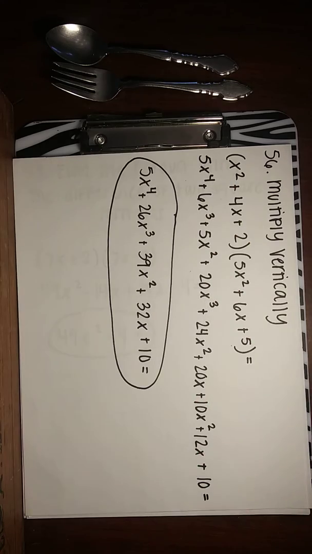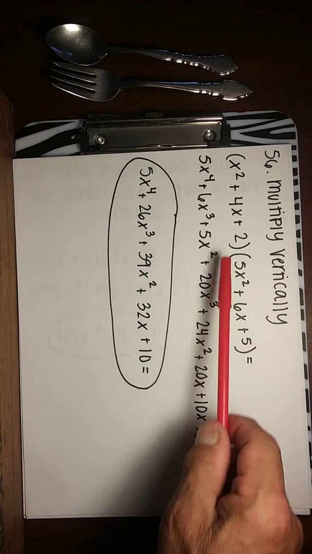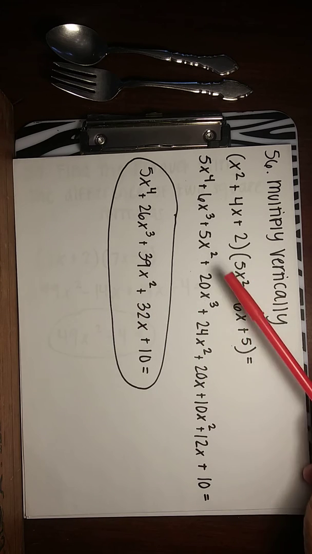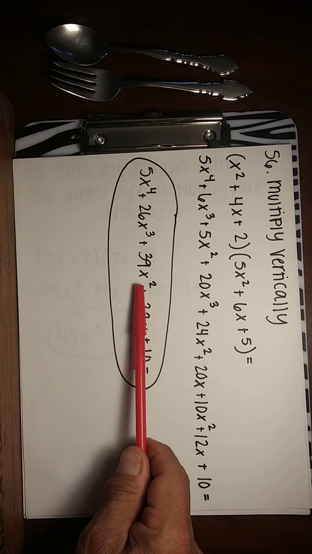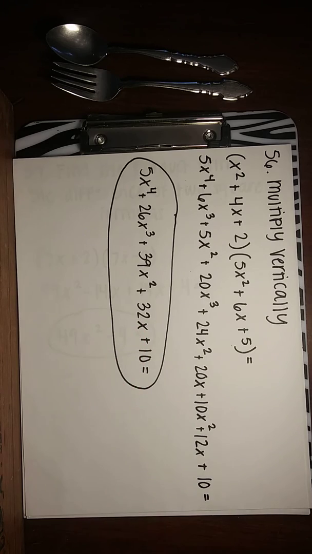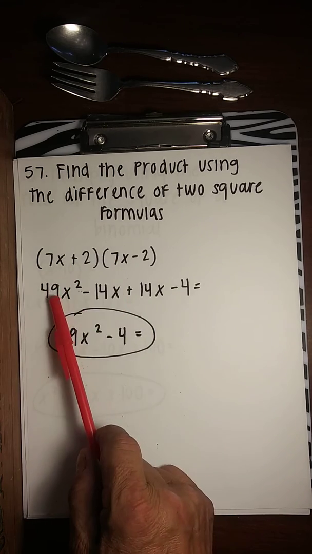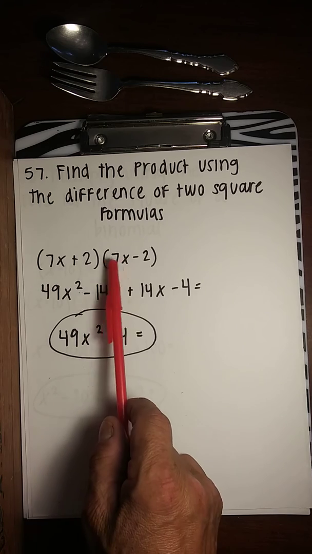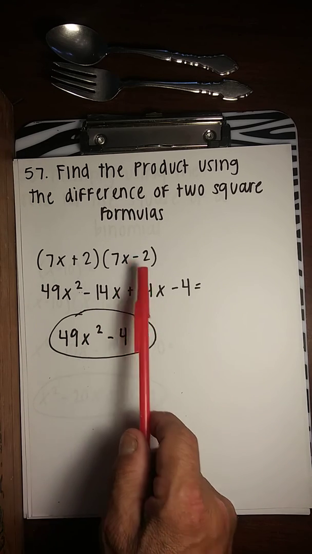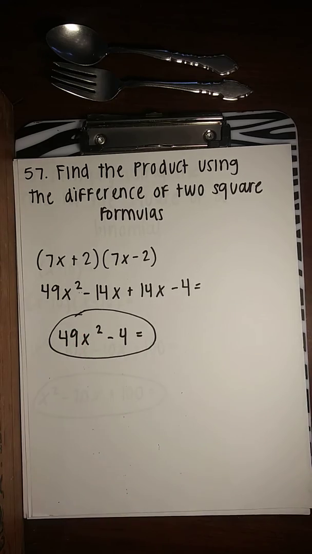Put them together, we're going to end up with 5x^4, 26x cubed, 39x squared, and then plus 32x plus 10. Yeah, it's kind of long, didn't fit the paper. Sorry about that. This one, find the product using difference of squares. 7x and 7x, 49x squared, minus 14x, plus 14x, and negative 4. These are gone: 49x squared minus 4.